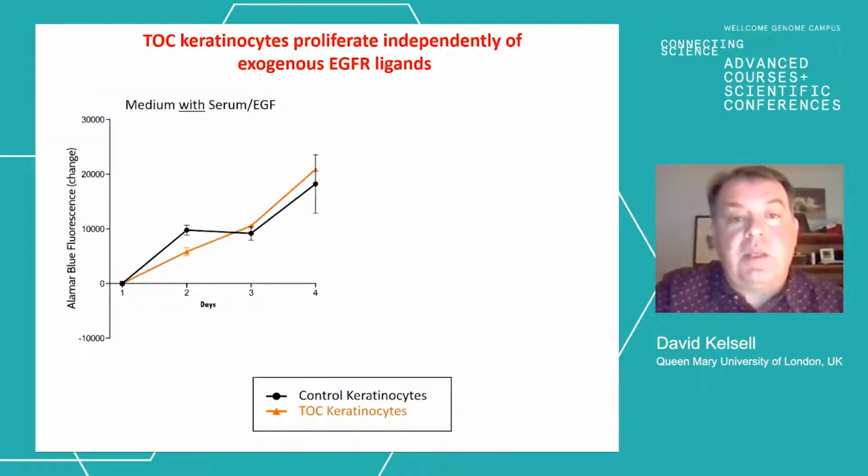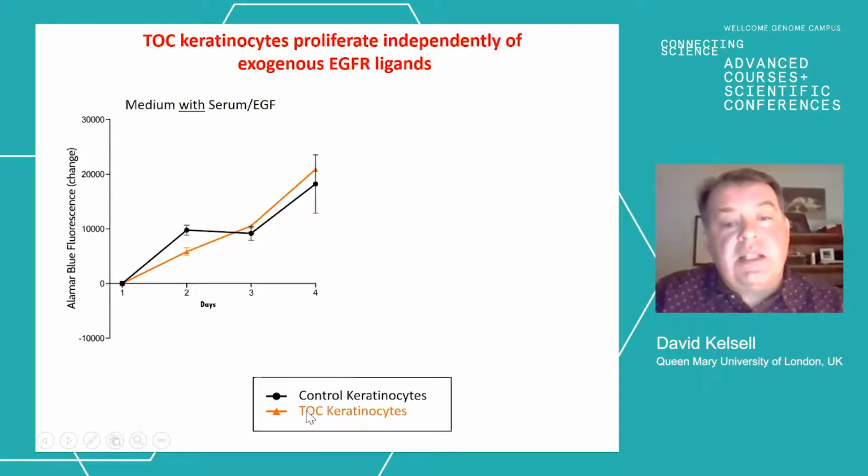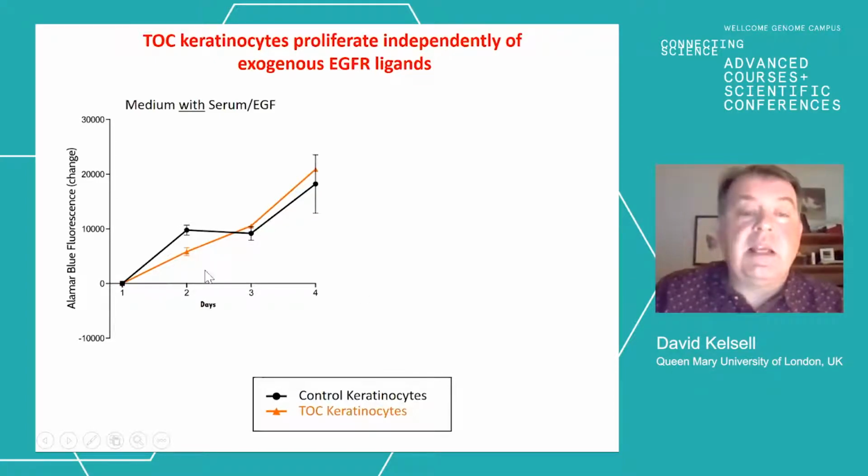So what we did was we dug out the keratinocyte cell lines that we made many years ago from these patients and hadn't done anything with them until we identified the disease gene. The TOC keratinocytes, which are the patient keratinocytes, were compared to control keratinocytes, and we're just measuring proliferation.